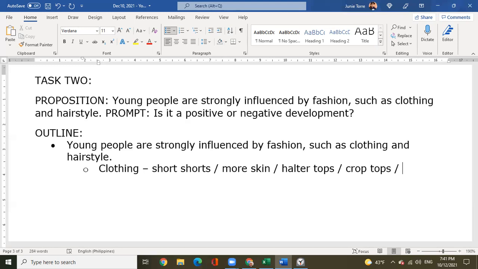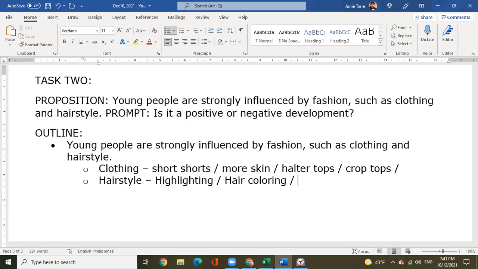And then, what else? And then, gosh, this is not my specialty, hairstyles. So lots of highlighting. Am I spelling it correctly? Hair coloring. Also hard to be a girl.